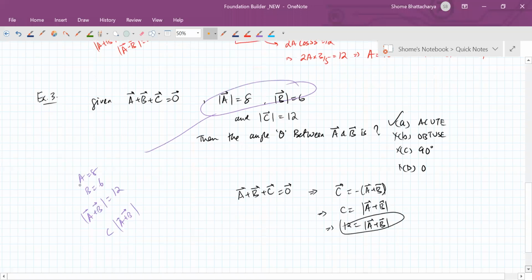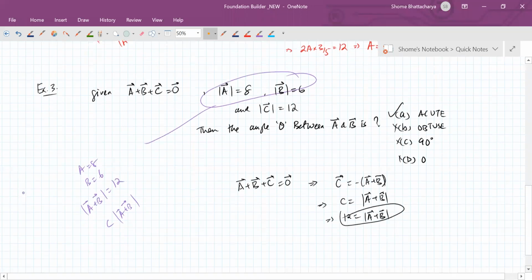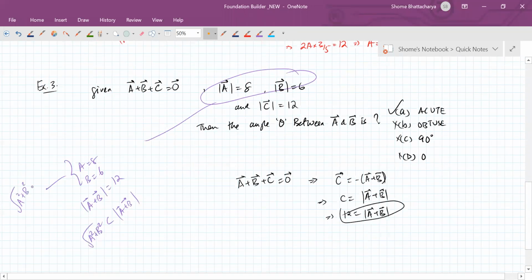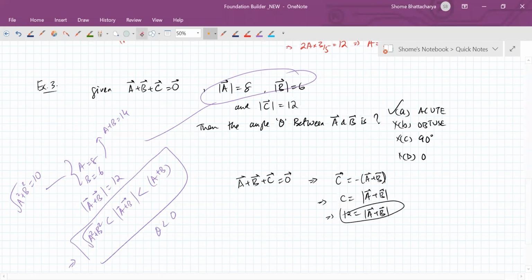No. Because you can see from this that square root of a square plus b square would have been 10, but at the same time it is less than a plus b, because you can see that a plus b would have been 14. So you're getting this. So these three things imply this. So that means theta is greater than 0 but less than 90 degrees.